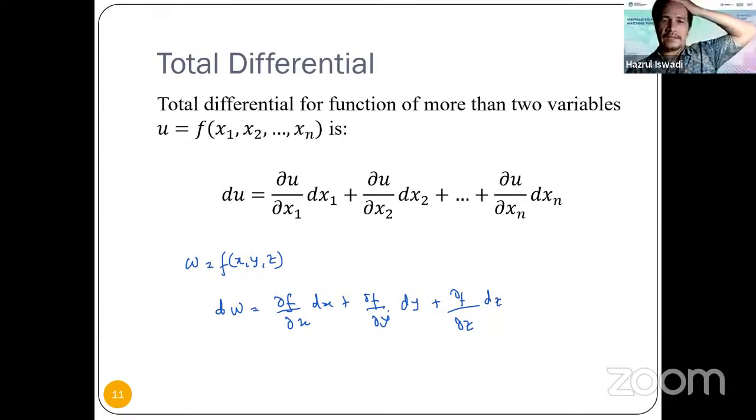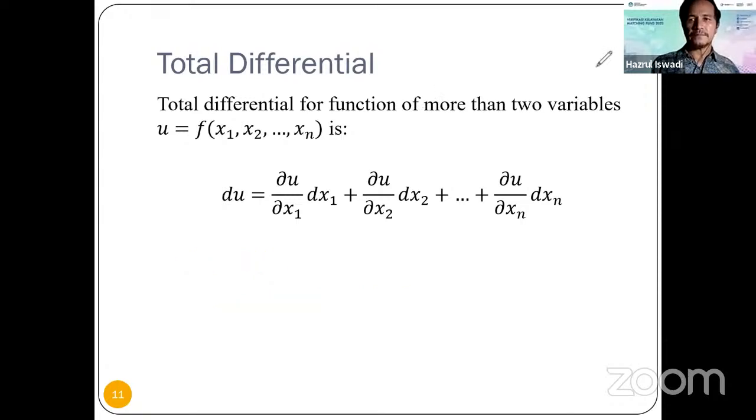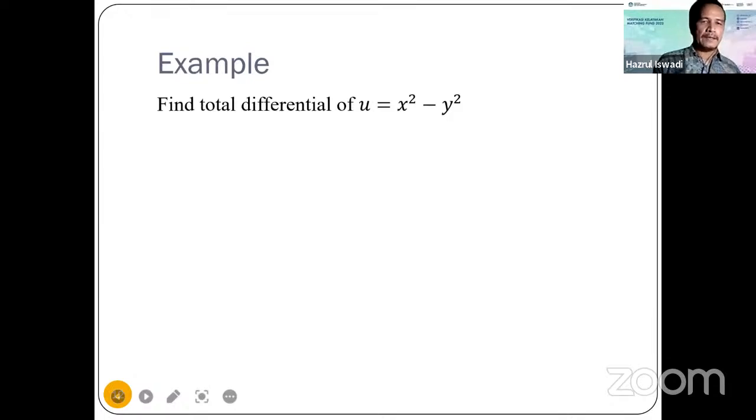So if the function is given, then we will find the total differential of the variable. Okay, find the total differential of u, which has the formula x squared minus y squared.